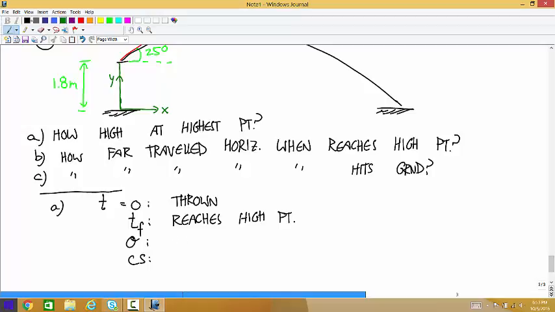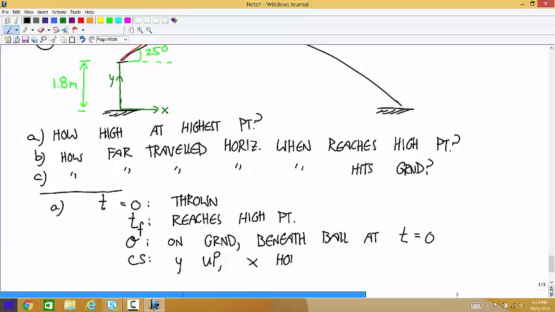So the origin is on the ground beneath the ball at time equals 0. And the y-axis is up, x-axis is horizontal, in the direction of motion.